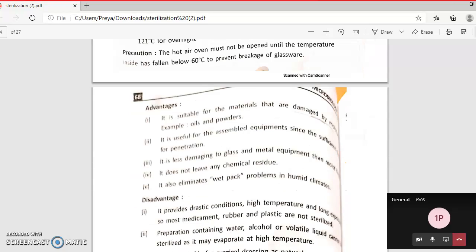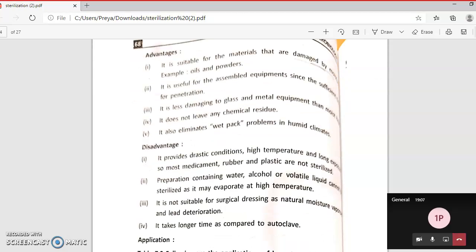Now, the advantage of the hot air oven is that it is suitable for materials which are damaged by moisture. As I initially discussed, oils and powders, in the first 1 or 2 lectures we differentiated hot air oven and autoclave.